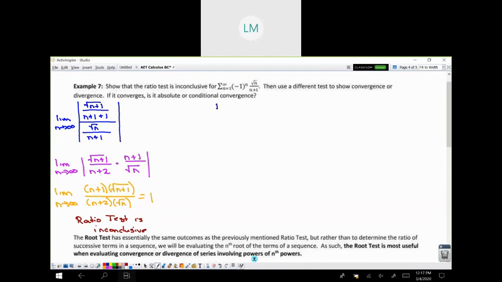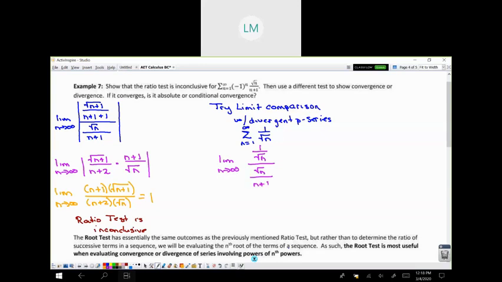So we're going to try limit comparison with the divergent p-series, the sum from n equals 1 to infinity of 1 over the square root of n. So now we have the limit as n goes to infinity, 1 over the square root of n over the square root of n over n plus 1.